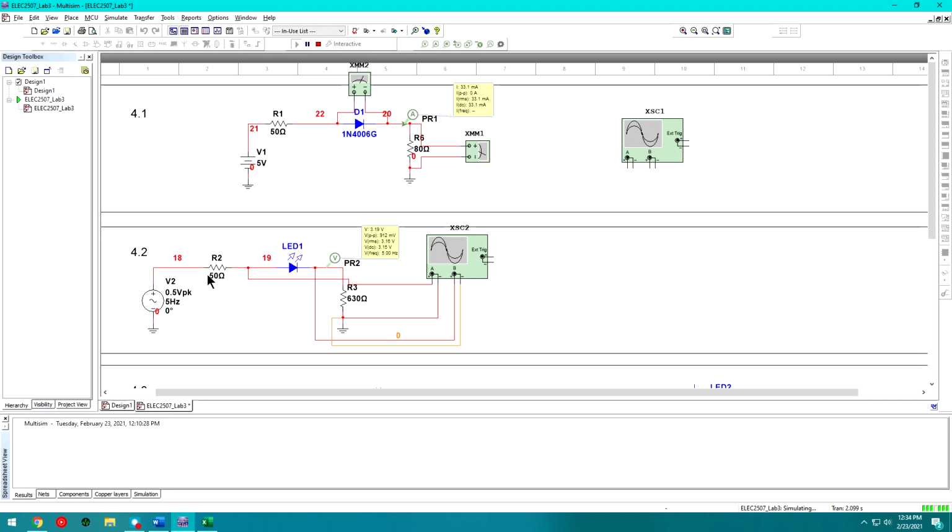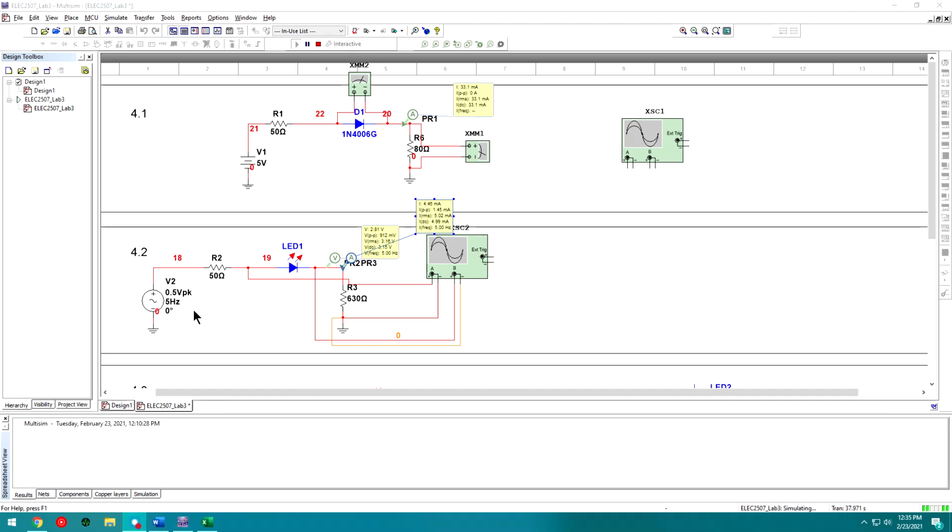And we can see now we're perfect at 3.15. If we added a current probe just to check as well, we should see that the current through the load is exactly 5 milliamps, right? Which is what we calculated. So that makes sense.